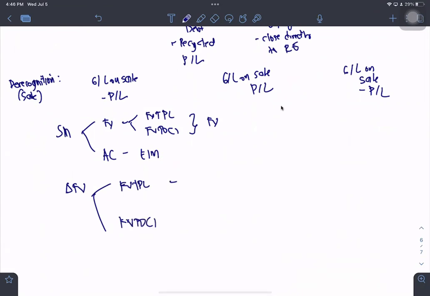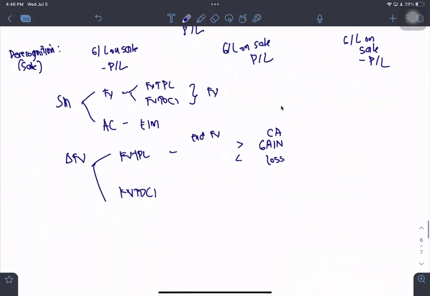In FVTPL, just compare the ending fair value to the carrying amount. If ending fair value is greater, there will be a gain. If lesser, there will be a loss. How about in your FVTOCI? Get the ending fair value and get the carrying amount based on your effective interest method.